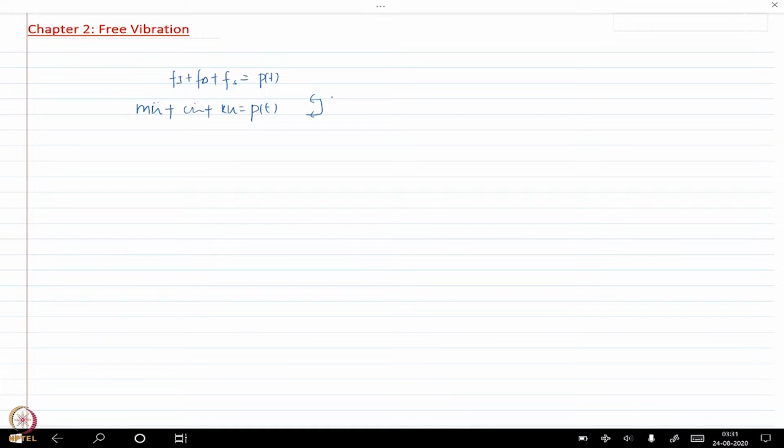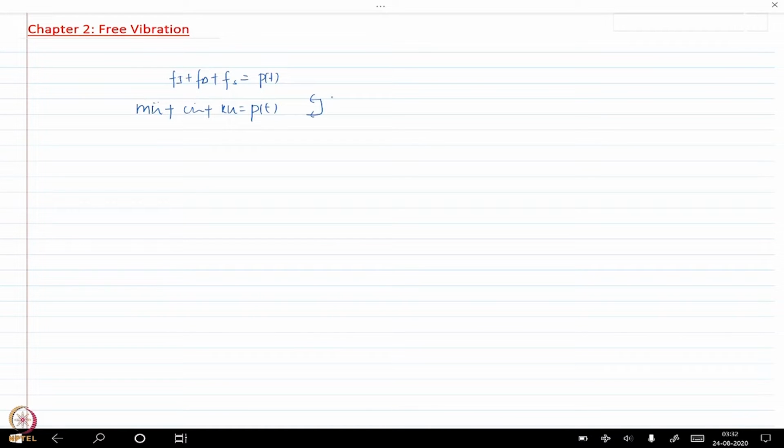Now we are going to study special cases of this equation of motion for different types of vibration. Depending upon what the external load is and what my system comprises of, we are going to discuss each of these systems one by one, see what the applications of those systems are, and how we physically interpret them.